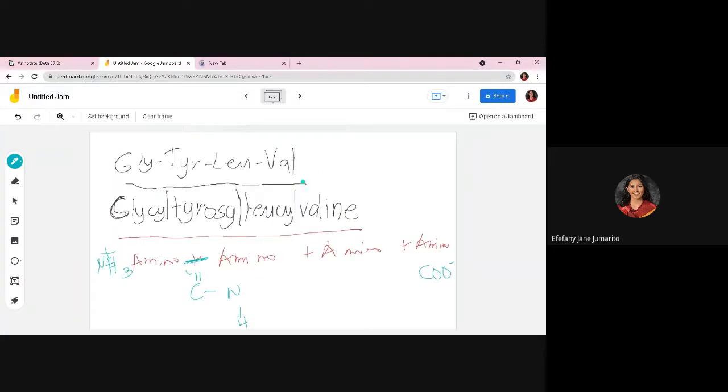If we have 4 amino acids, how many isomers? 4 factorial: 4 times 3 times 2 times 1, which is 24. There will be 24 isomers of glycyl, tyrosyl, lysyl, valine.